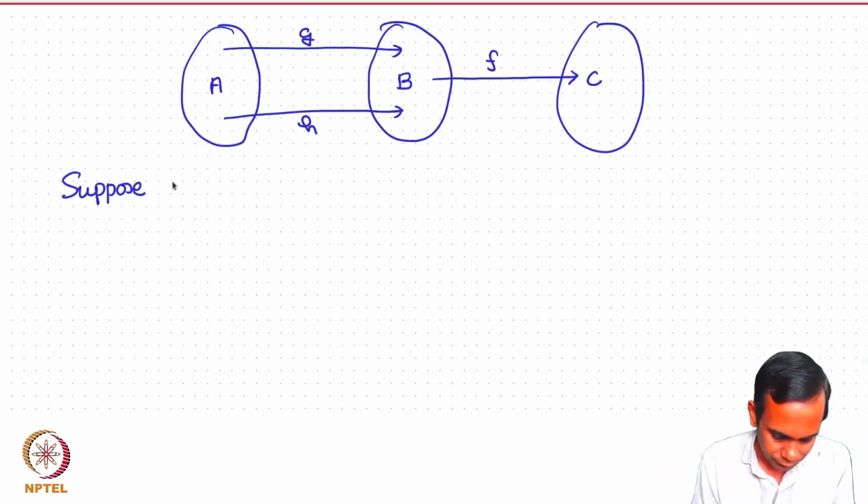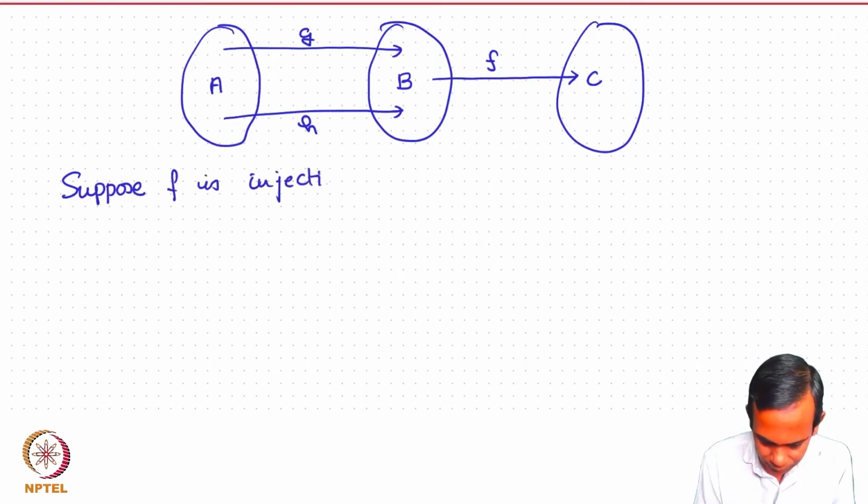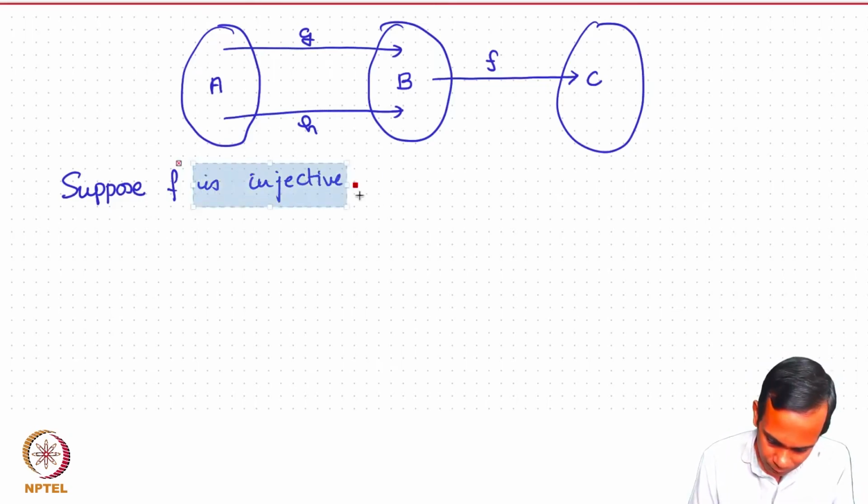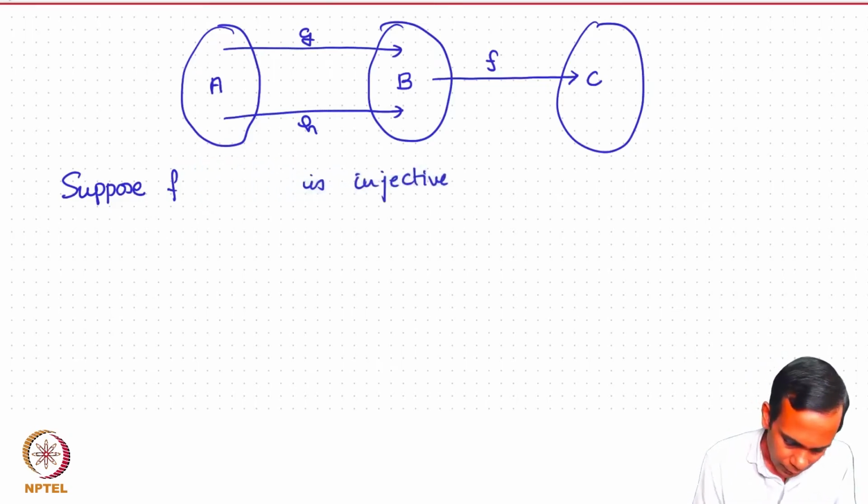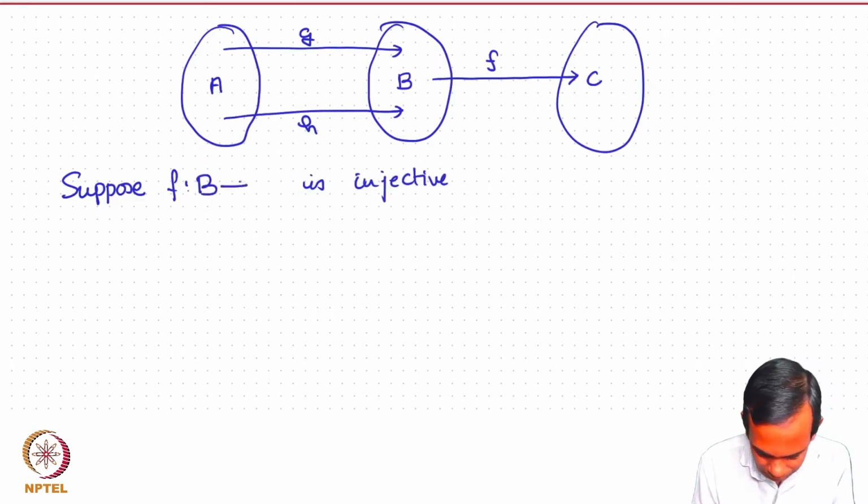Now let's start with: suppose f from B to C is injective.